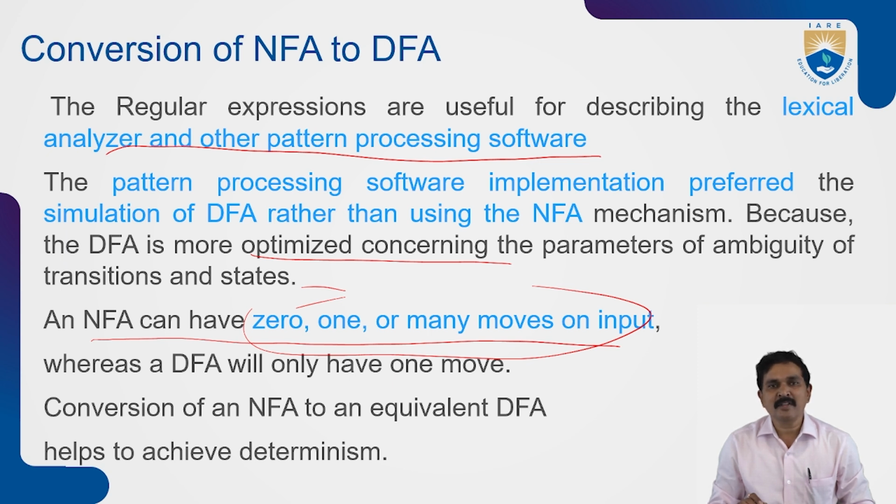Initially the available things are regular languages only, which can be described by regular expressions. So regular expression to finite automata is also very important. We discussed in the last two classes regular expression to NFA, and in today's class the conversion of NFA to DFA.